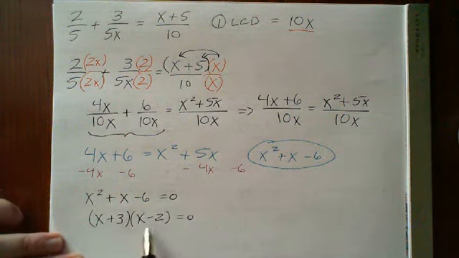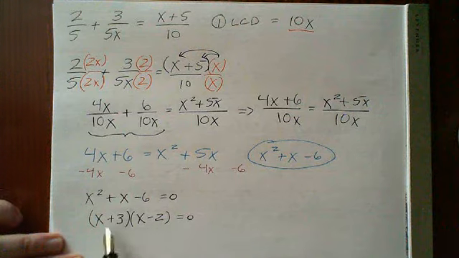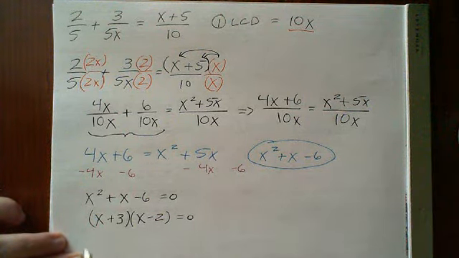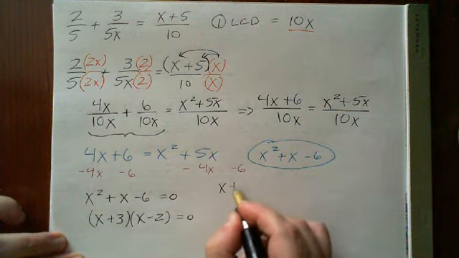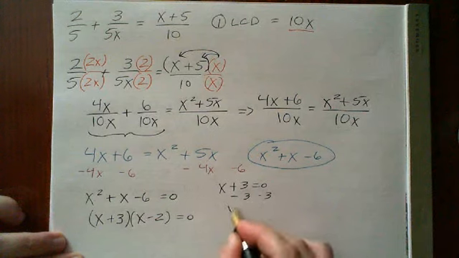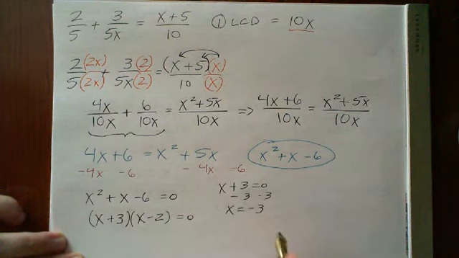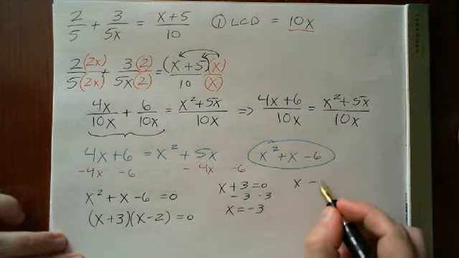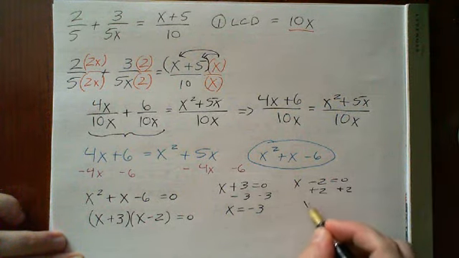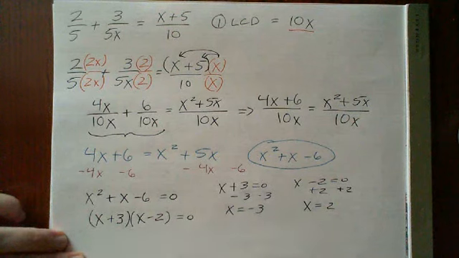So if this quantity times this quantity equals 0, then one or both must equal 0. Set each one equal to 0 and solve for x. So x plus 3 equals 0. You'll just subtract 3 from each side, and x will equal negative 3. x minus 2 equals 0. Just add 2 to each side, and x will equal positive 2.